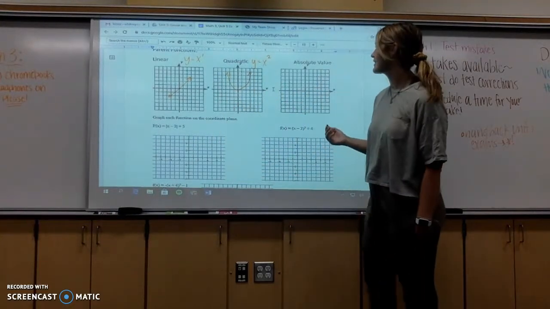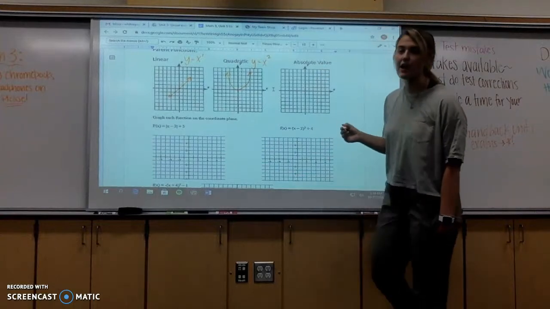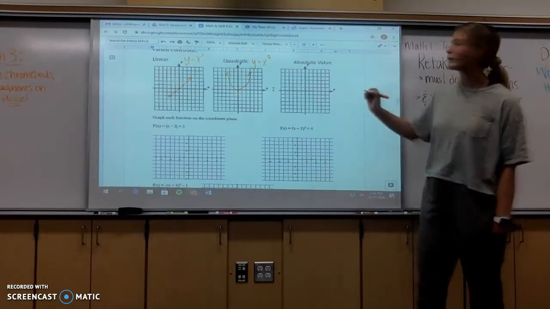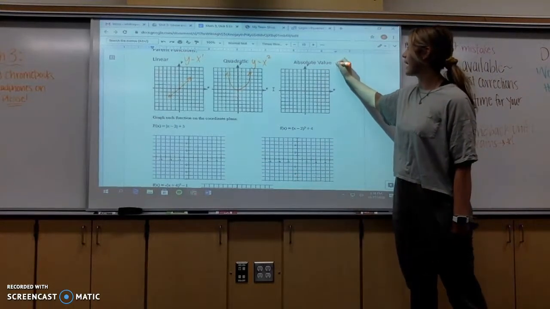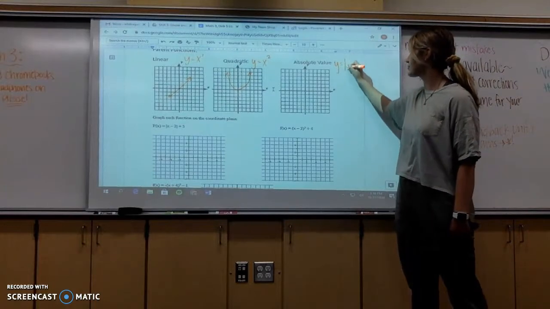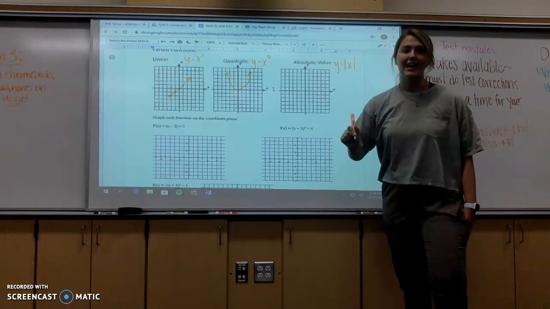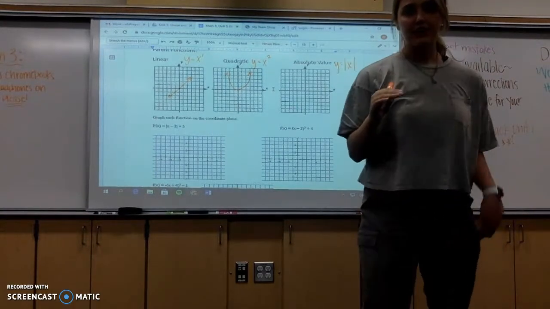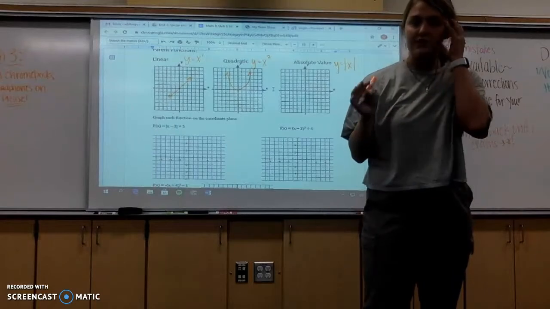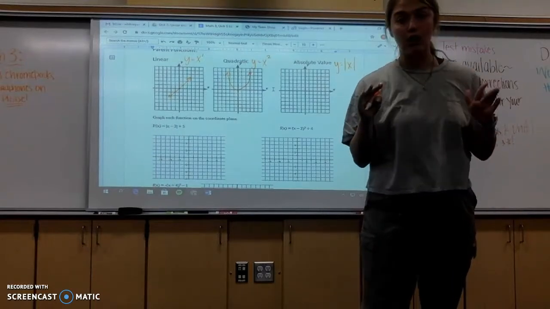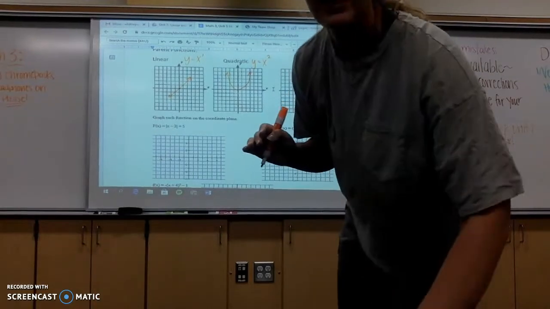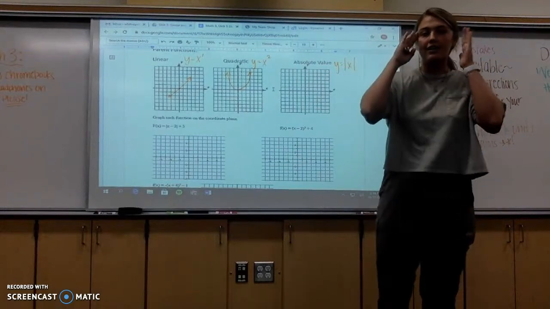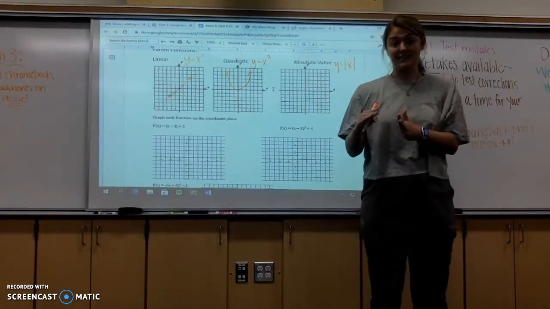Okay. Last thing is the absolute value. I went over this in class a little bit. Absolute value is given by y equals absolute value of x. Do not think about absolute value as only positive numbers, because you're going to get it really wrong if that is what you decide to do. I need you to think of absolute value as a distance.